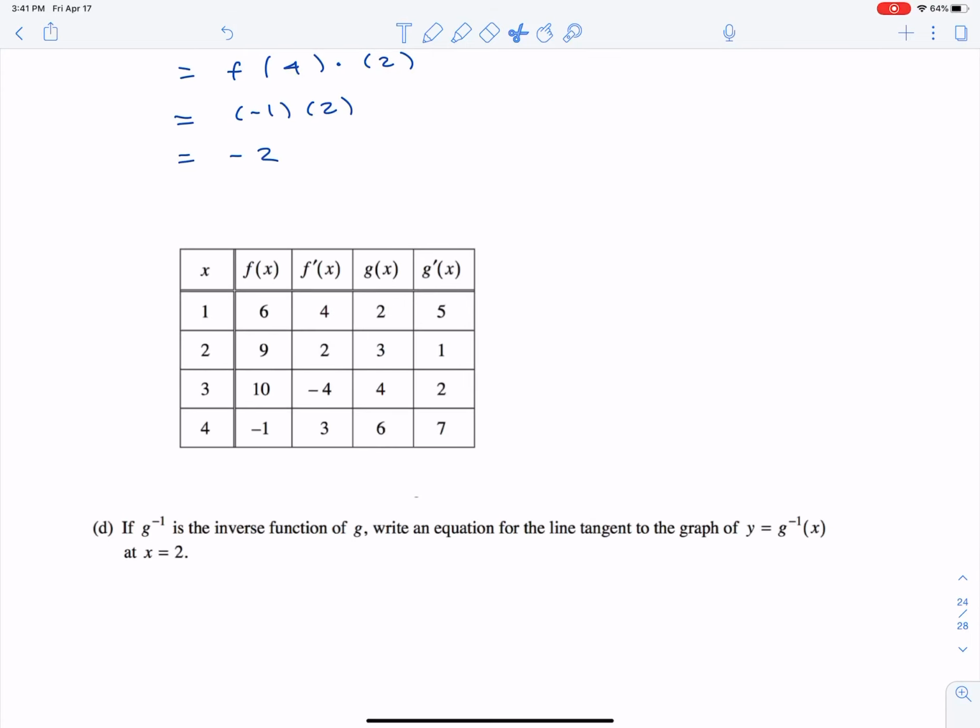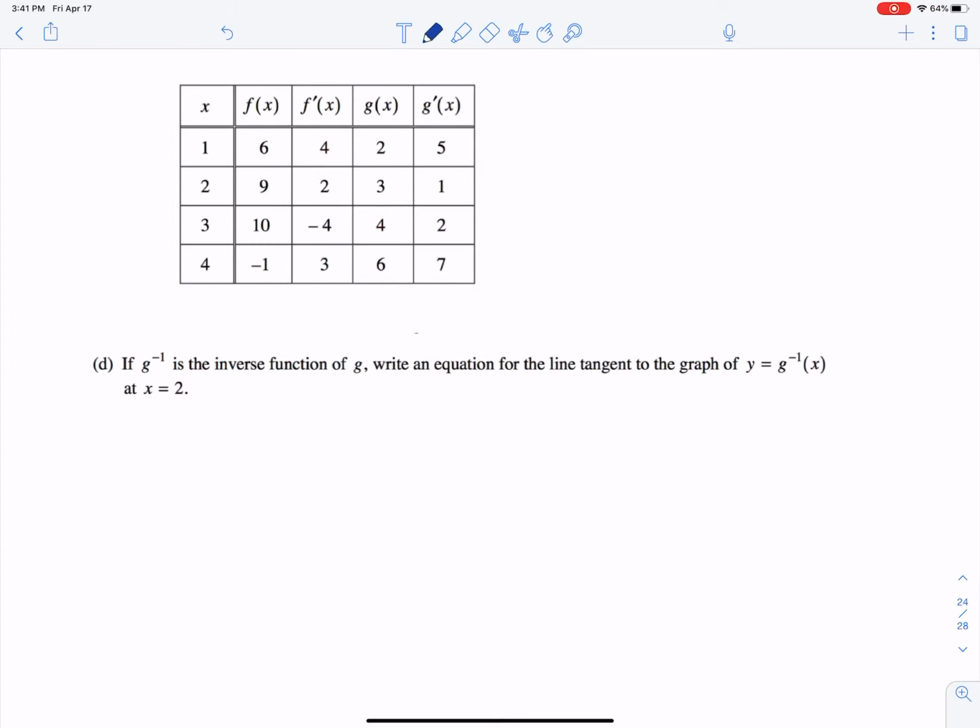Okay, what do we got for D? So they gave us the inverse of G. Write an equation for the line tangent to the graph of y equals G inverse at x equals 2.